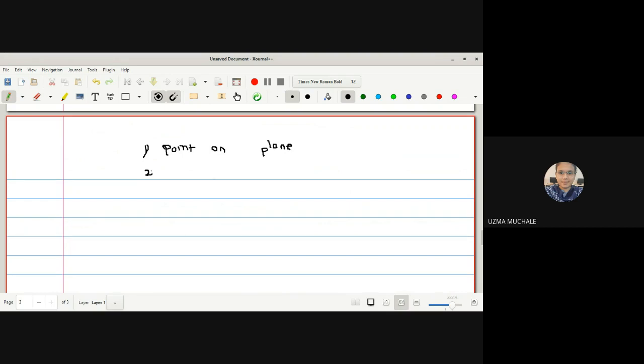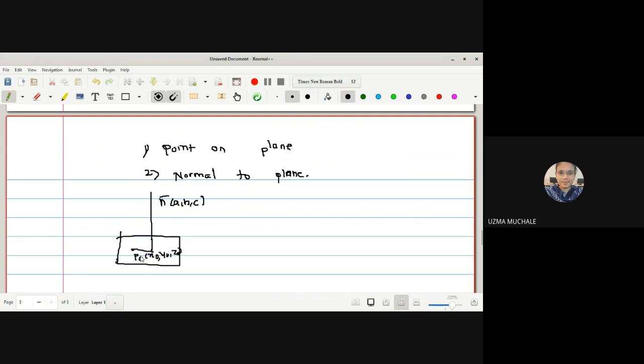The second one which I need is a normal to the plane. Right. So here we have been provided, say, P naught with the coordinates x naught, y naught and z naught, and a normal to the plane. Suppose this is a normal vector provided with coordinates a, b and c.